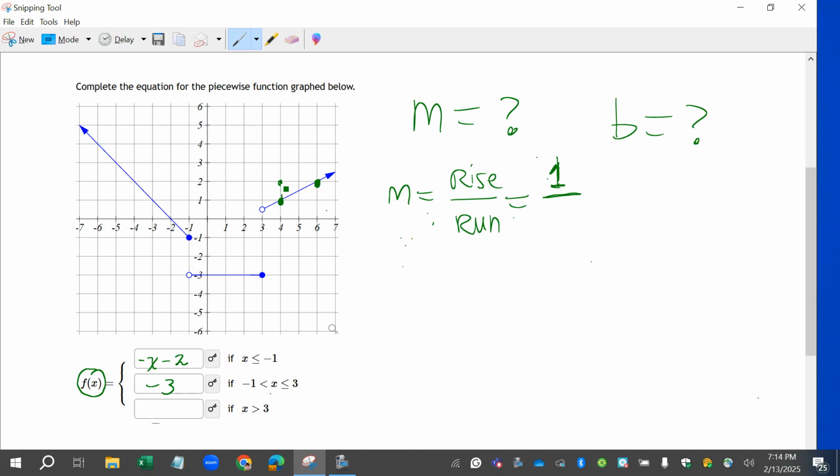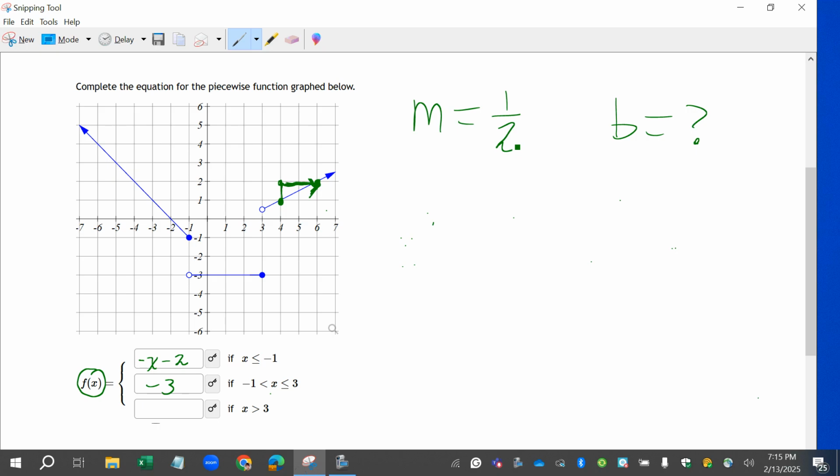Then you move horizontally to get the run. So now I'm going to move to the side until I connect with that point. I had to move 2 units to get over there, moving to the right, and that's a positive direction for x because x values get bigger to the right. So I will have a 2 there. So my slope is 1/2. I'm going to write 1/2 there.